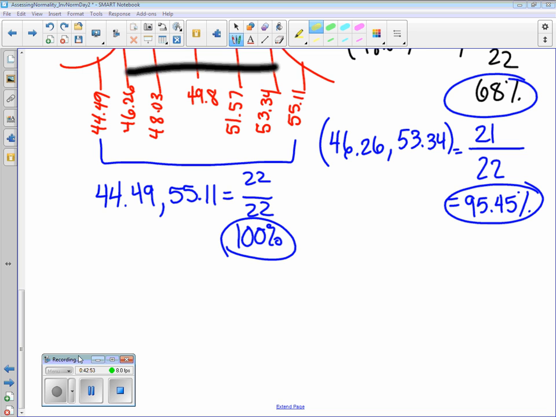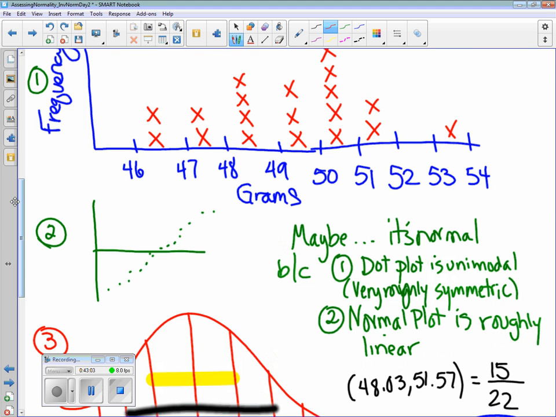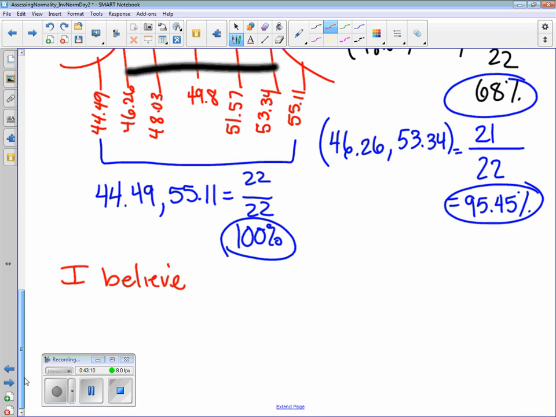So our final answer should say, I believe the data is normal because we've already addressed the graphs. Maybe it's normal, right? I think it is. So I believe the data is normal because, why?